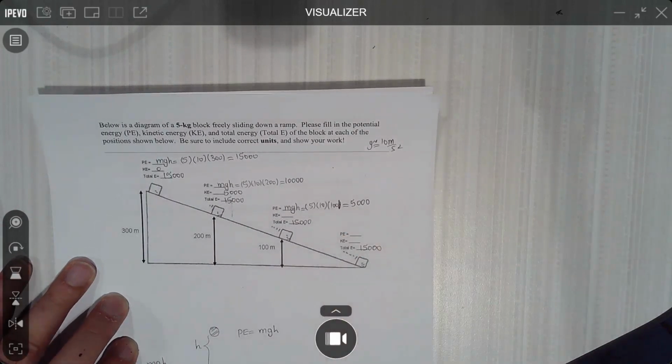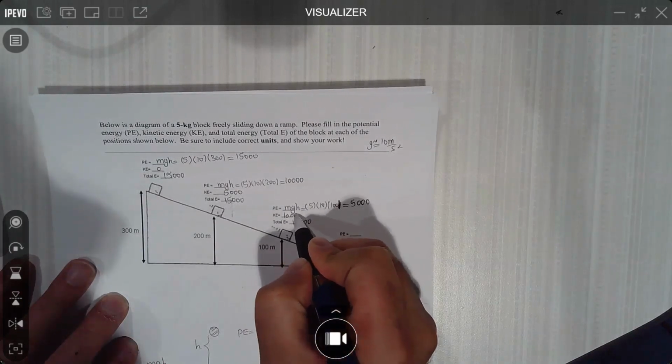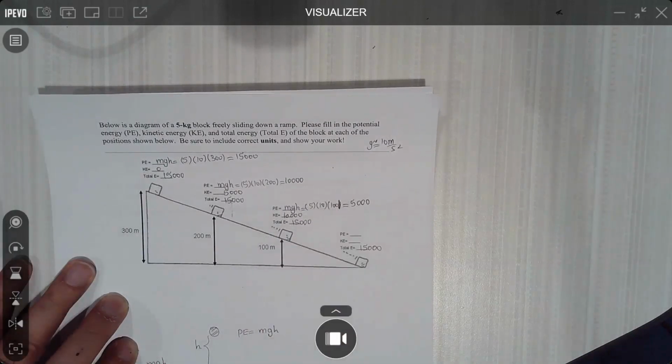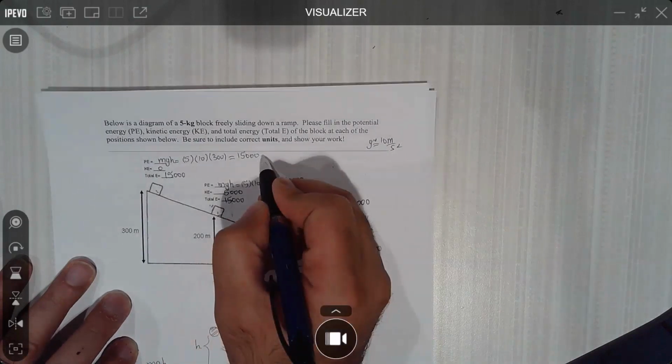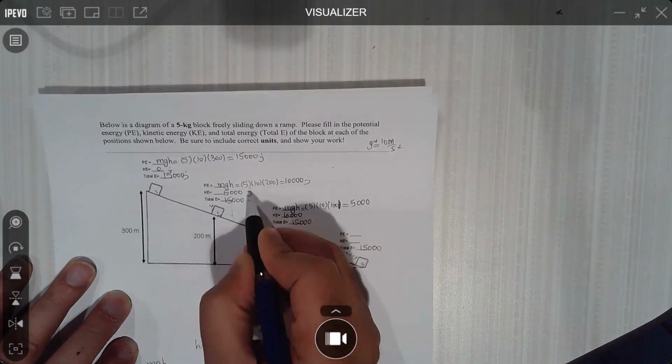So potential energy is 5,000. What would be the kinetic energy? 10,000, because if we add potential and kinetic, it gives us the total energy, which is 15,000. So kinetic energy will be 10,000. Okay, what is the unit? We forgot to put the unit. Joules, joules, joules. Don't forget to put the units.